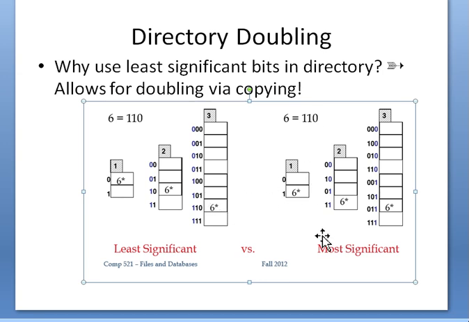But if I take most significant bits, what will happen? Most significant bits will not keep changing with that. 1 is here, 11 here, and then 011.